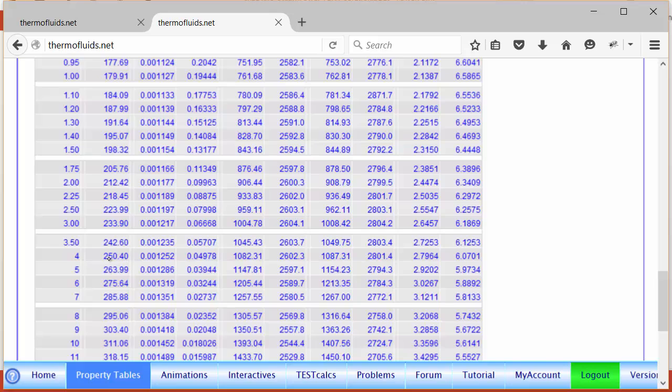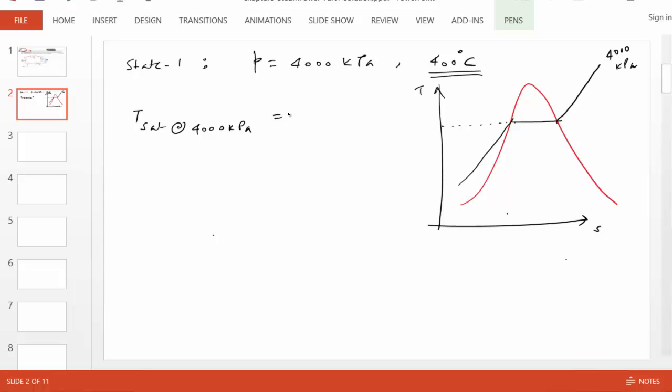Remember, steam tables are in Celsius, not in Kelvin. So this temperature is only approximately 250 degrees Celsius, and our state 1 is 400, so it's way above that. So state 1 will be somewhere here. That means state 1 is superheated.